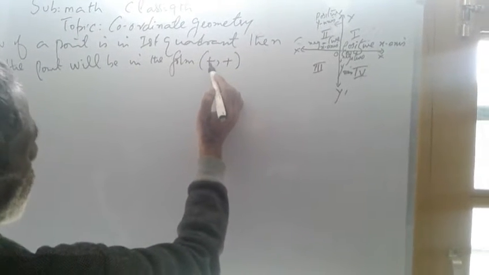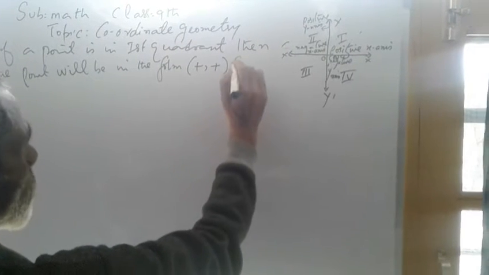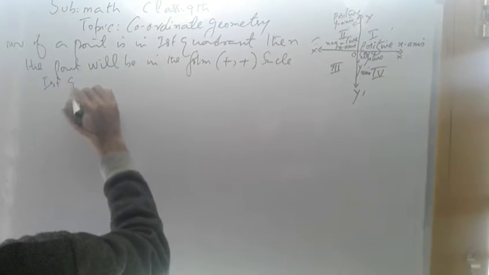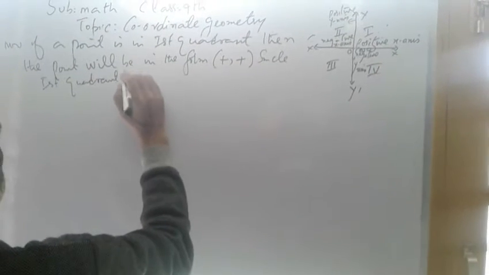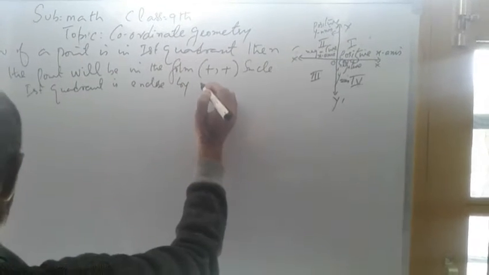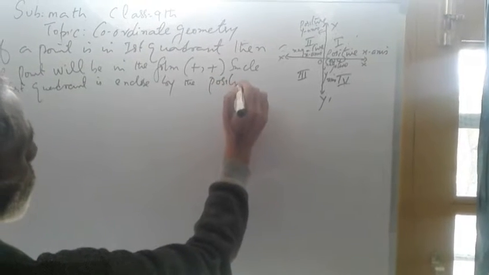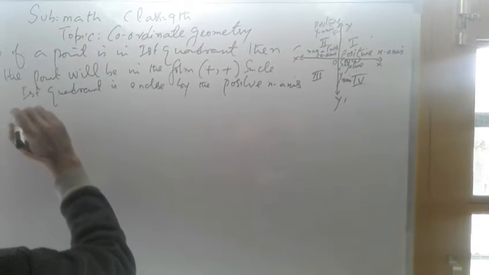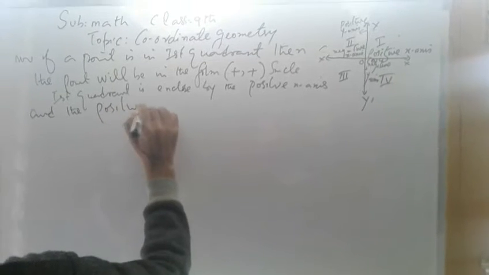That means the x distance will be positive and the y distance will be positive, since the first quadrant is enclosed by the positive x-axis and the positive y-axis.